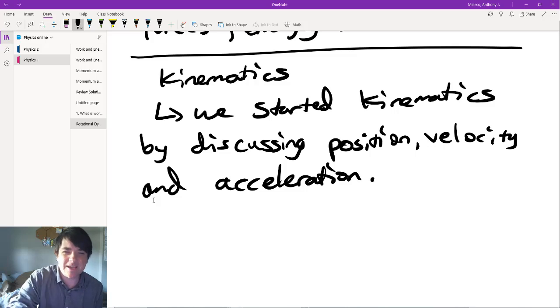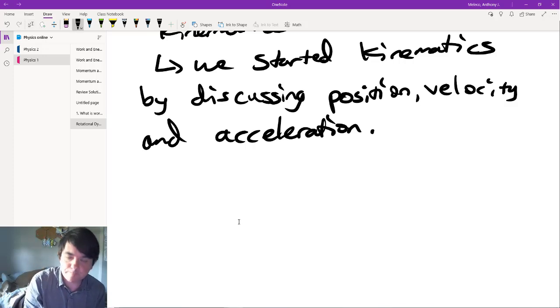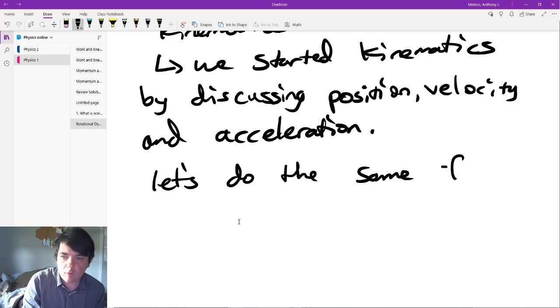And so we're going to do the same thing here, but we're going to do it for rotational position, rotational velocity, and rotational acceleration, for rotation.